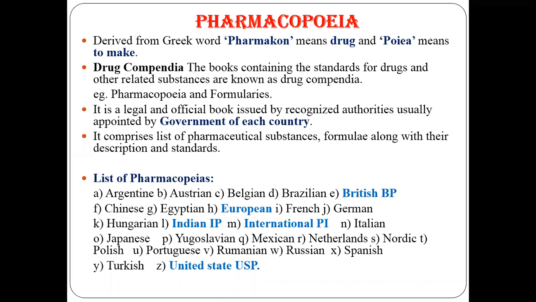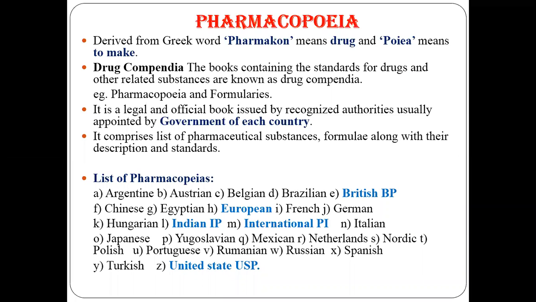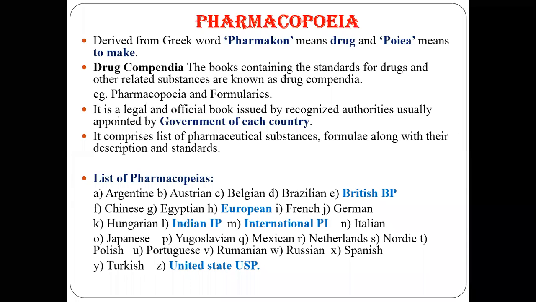Then what is meant by drug compendia? Drug compendia is nothing but a book containing the standards for the drugs and their related substances. Or simply, we can say it is a book containing information about the drugs and related chemical substances.